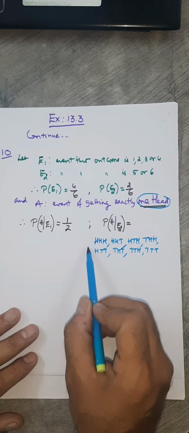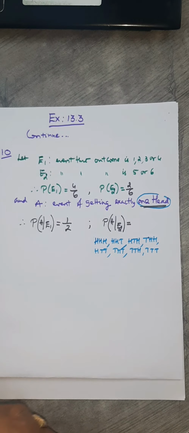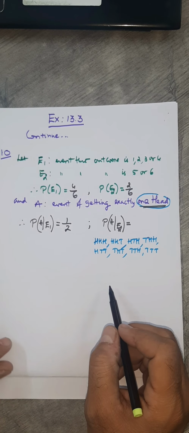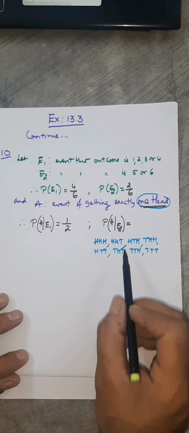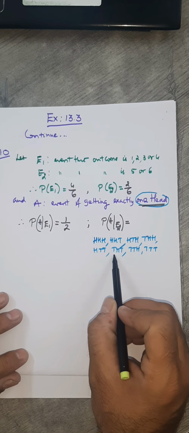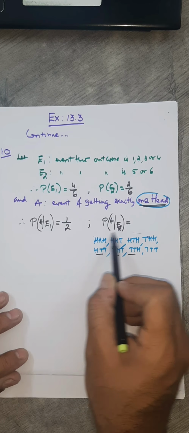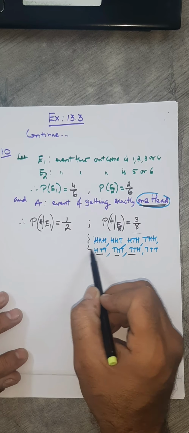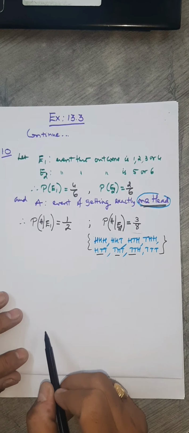This will occur after the occurrence of E2. Just read the question, you will realize. Now out of this, how many outcomes are having exactly one H? So 1, 2 and 3. Total is 8. So here probability is 3 by 8. Fine. This is for this event.